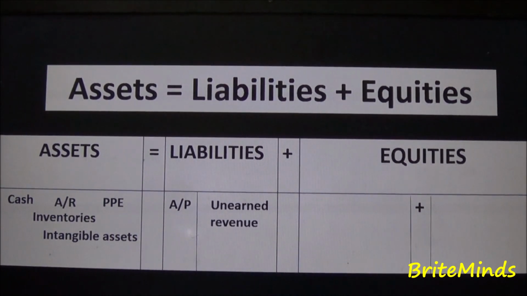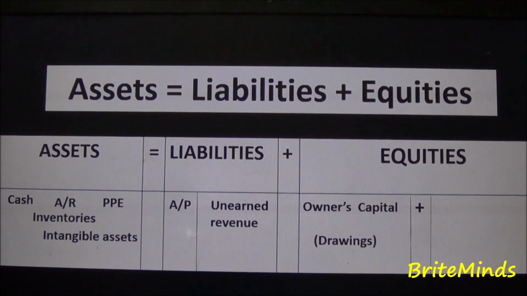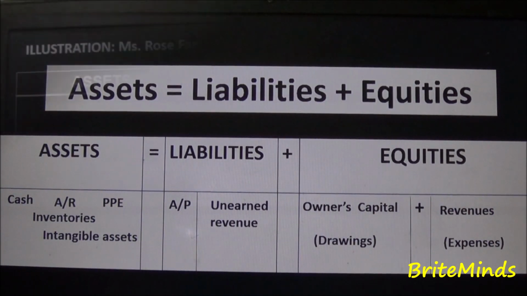And then on the equities side, we have the owner's capital less the owner's drawings. If you see open and close parentheses in accounting, it means deductions or decrease. So the drawings are deducted from the owner's capital. And then the other items are the revenues less the expenses.